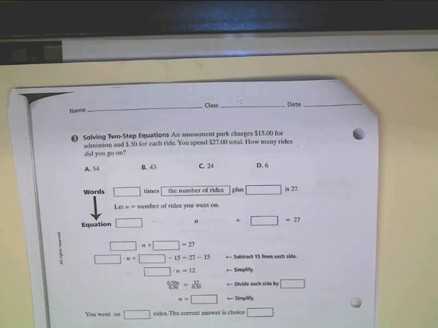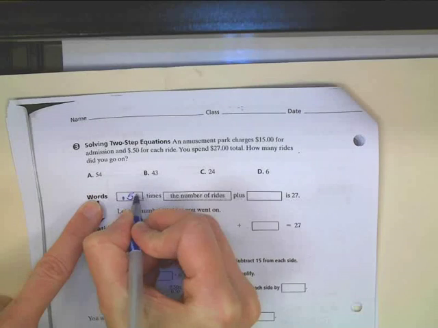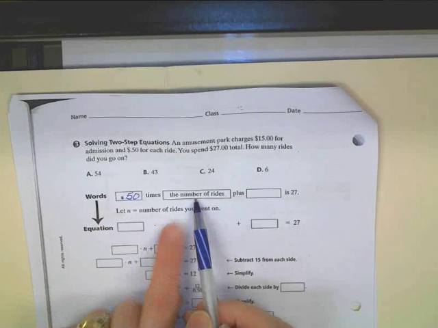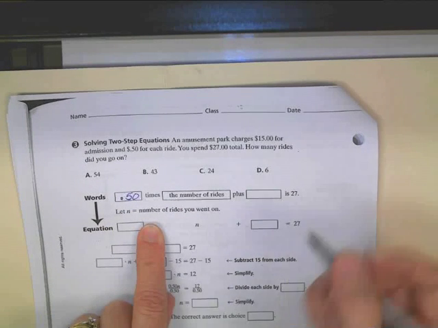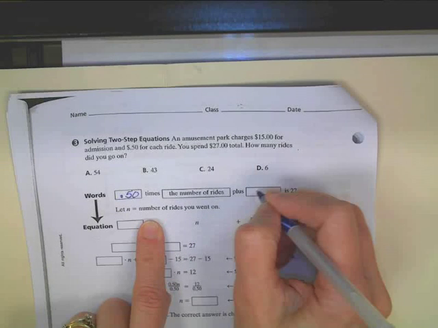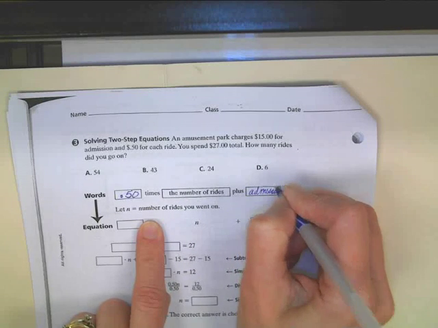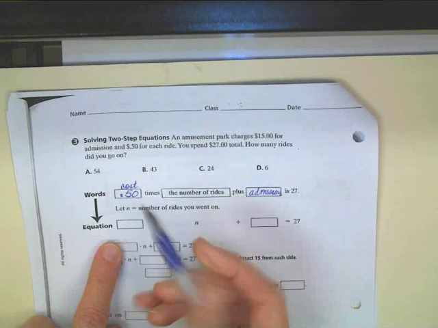Okay, so basically you don't know how many rides you go on, but you know that each ride is 50 cents. So let's say we have the amount for each ride times the number of rides, which we'll let be n, plus the admission. I probably should have put a word in here, okay? So this is the cost per ride.